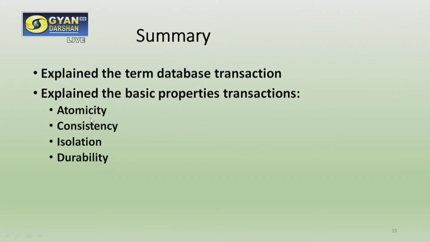So these were the concurrency related problems which we discussed in the last session, which you can go through. The other things we discussed in this session include the basic four properties of transactions, which are atomicity, consistency, isolation, and durability.